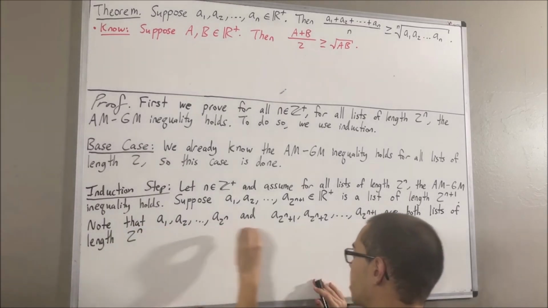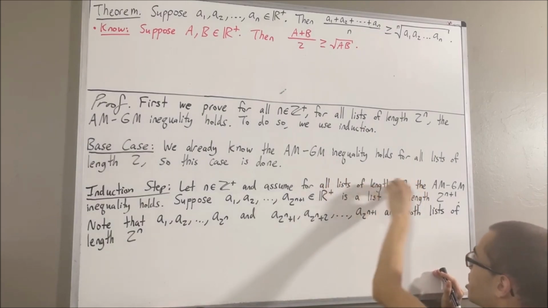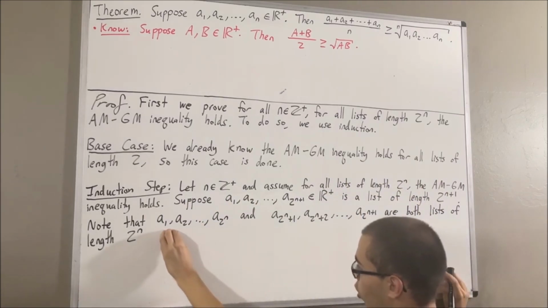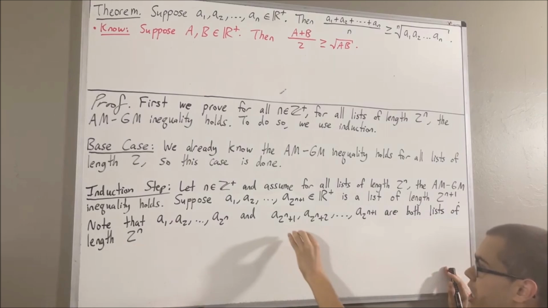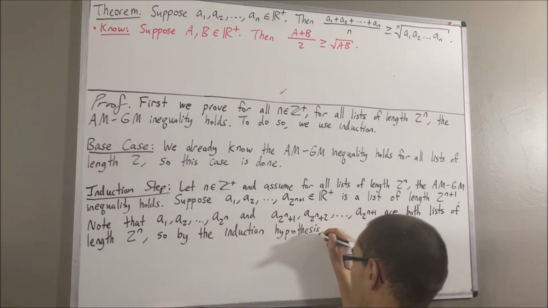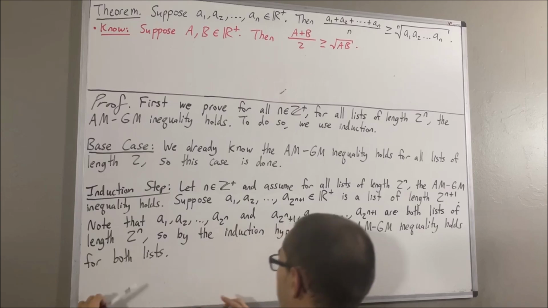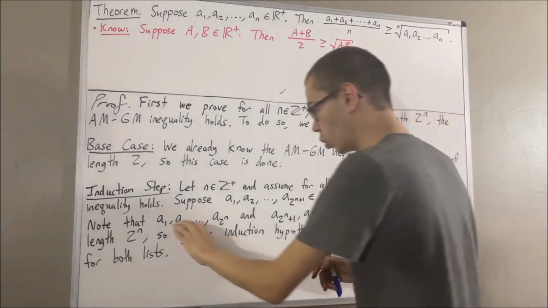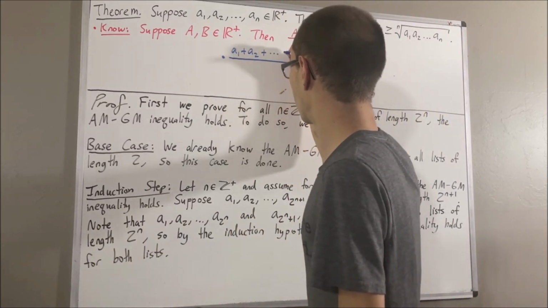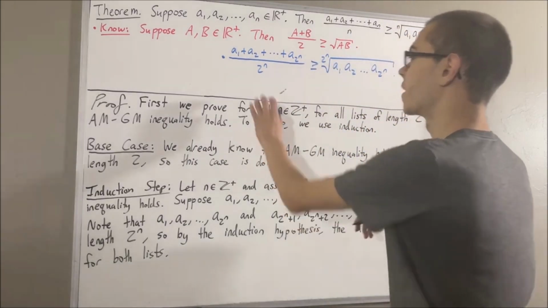And because these lists are both length 2 to the power of n, the induction hypothesis applies to both of them, which means the AMGM inequality holds for this list, and the AMGM inequality holds for this list. And to say that the AMGM inequality holds for this list means this.